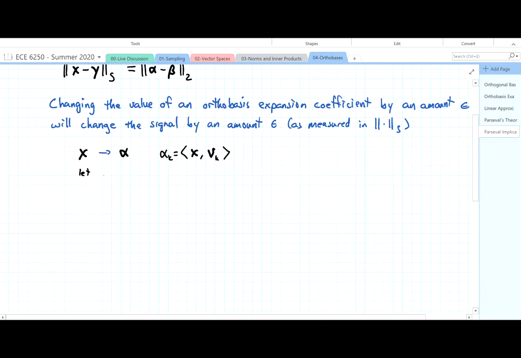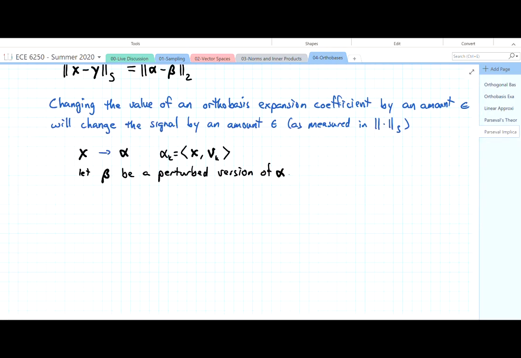Okay, so we have this, and now let beta be a perturbed version of alpha.